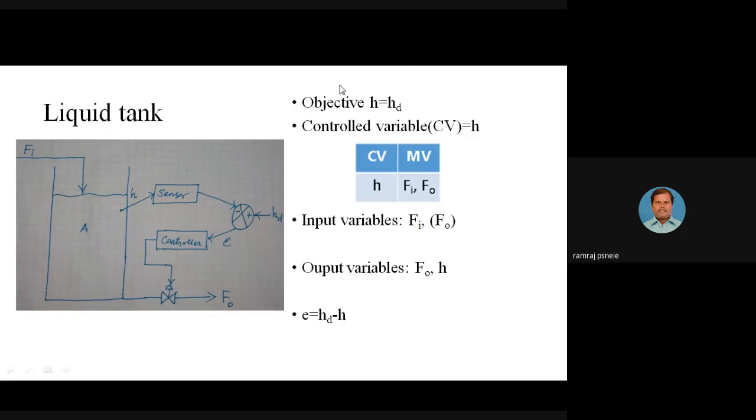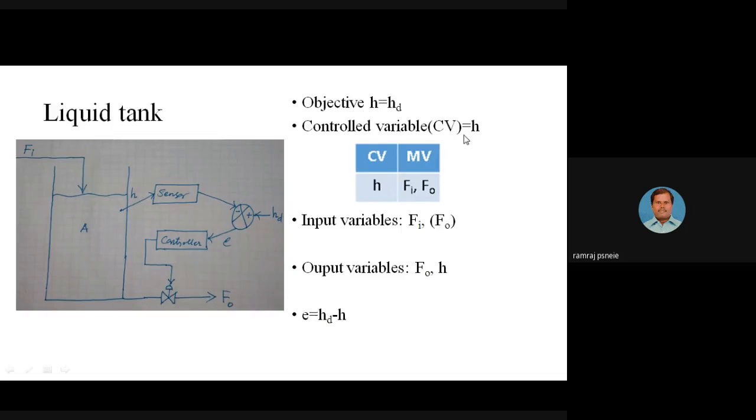So the objective is h equals h suffix d, where d is the desired value of height. Here we are going to control the height only, so h we can take as the controlled variable. Now we are making the pair of controlled variable and manipulative variable. CV is your controlled variable, MV is your manipulative variable.